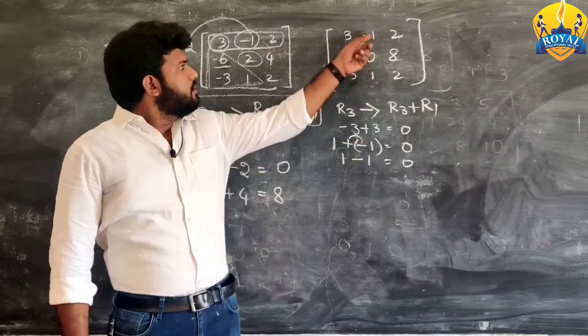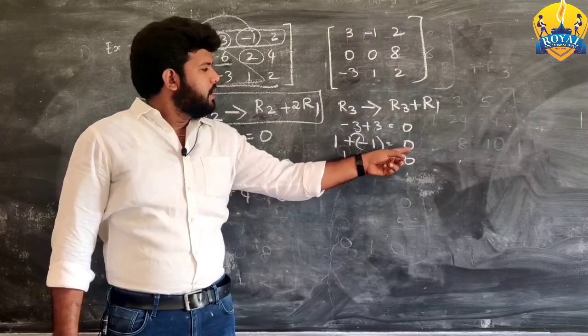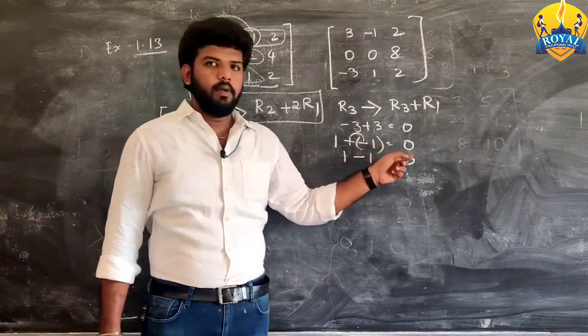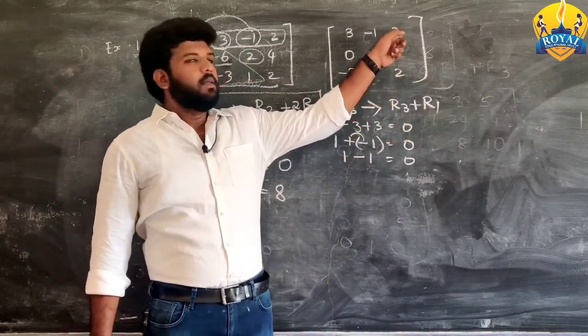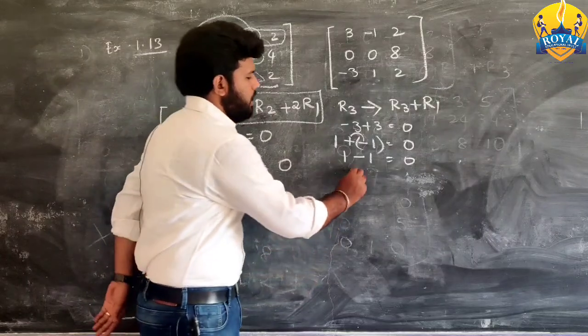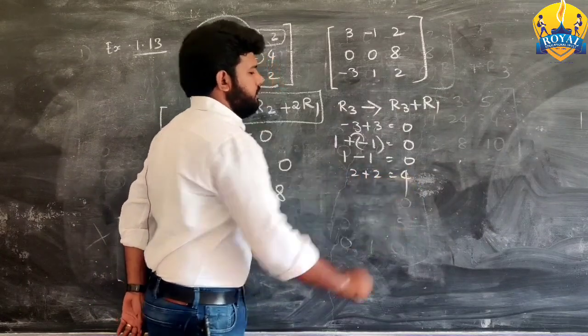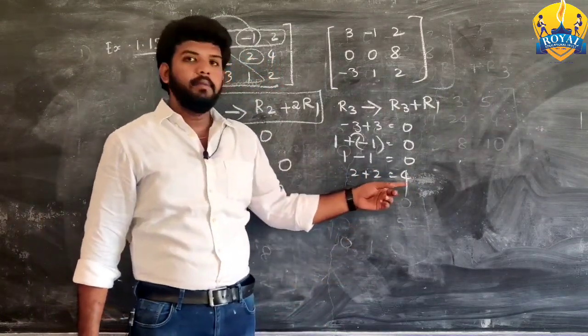So 1 minus 1 becomes 0. Here we have 2, next 2 plus 2, so it becomes 4.